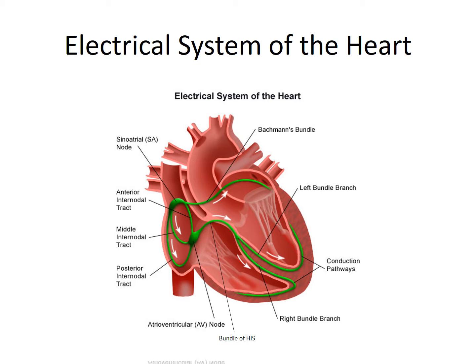Now something to remember is that in the vascular system, the blood can only flow one direction, and it's going to be flowing from high pressure to low pressure. Whereas in the electrical system, it doesn't matter where the stimulation comes from, it will carry that electrical signal throughout that whole conduit.